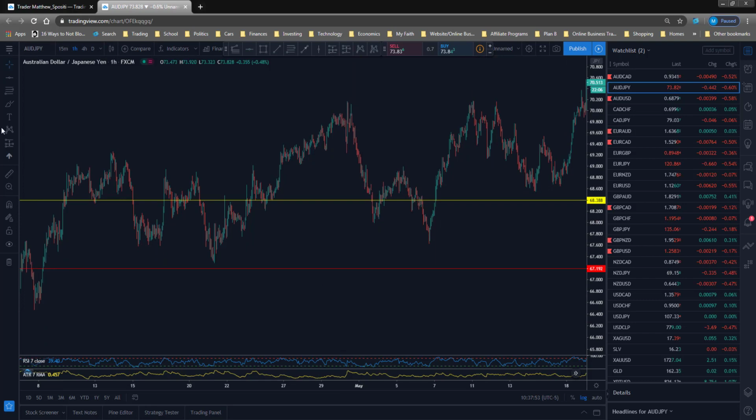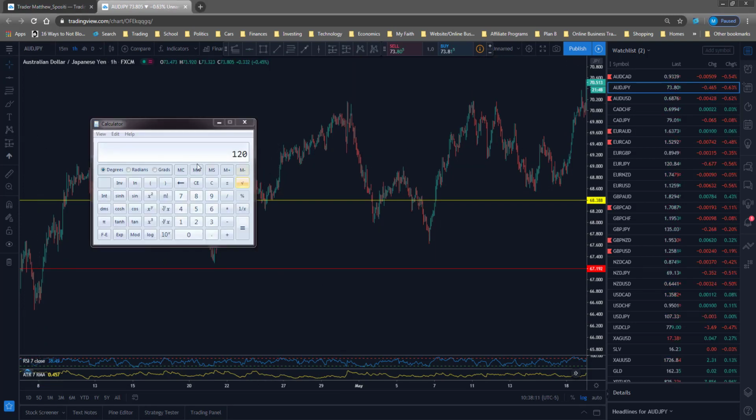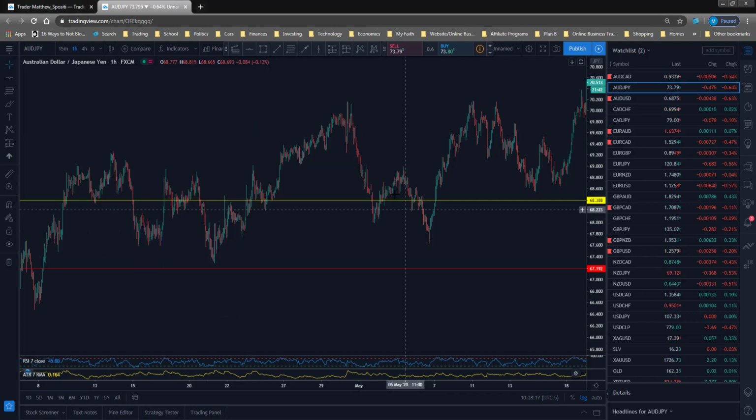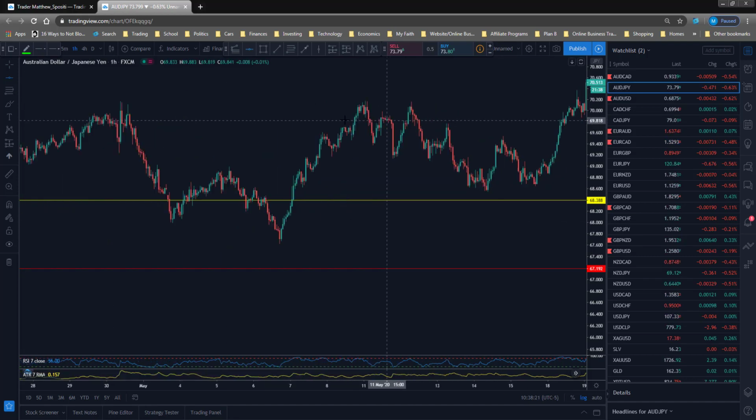Okay, now give me 1 minute. All right, here we go. I actually pulled all this up and did the calculation so you guys didn't have to watch it. It was 120 pips, so yeah, we totally could have taken this trade. We absolutely could have, and we would have made a fair amount of moolah, right?